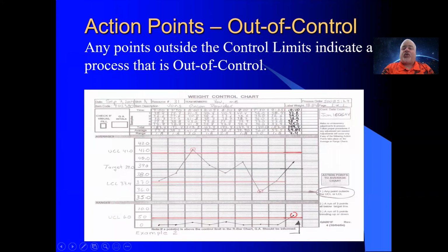So here's an out of control chart, the one I showed you. I didn't point out the reason that this sample was here. It is out of control because it has points outside of the control limits. In this case, I've got 1 out of control, 2 out of control, 3 out of control. Now this is made up.